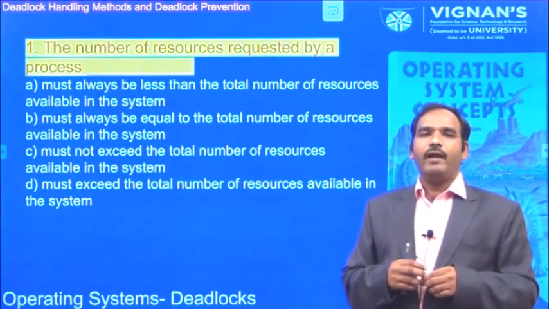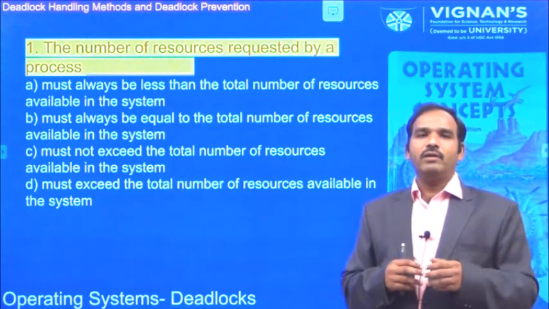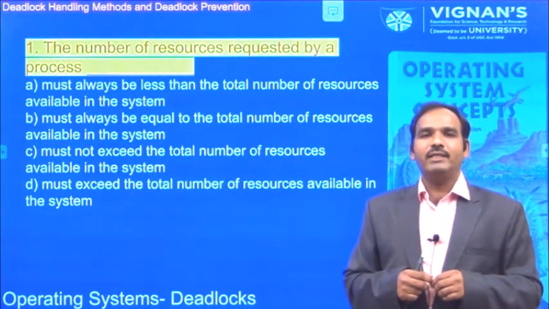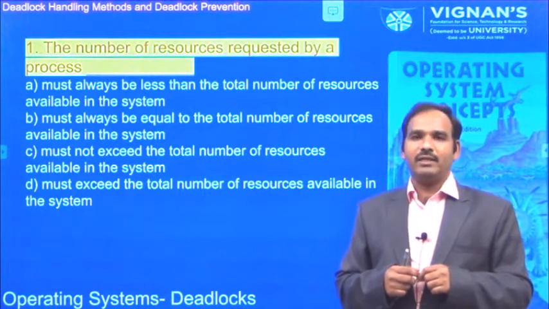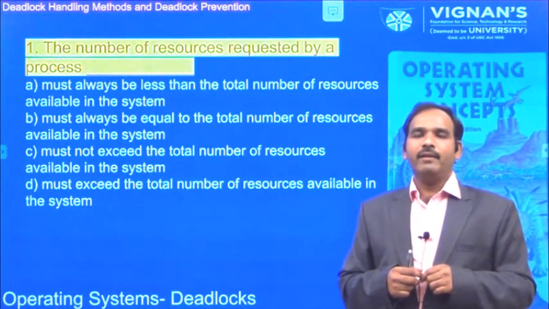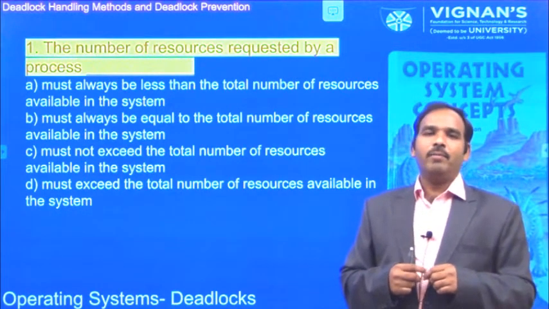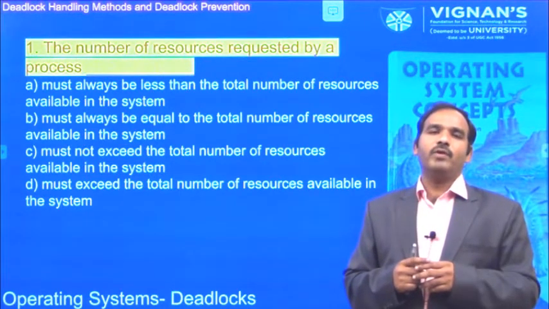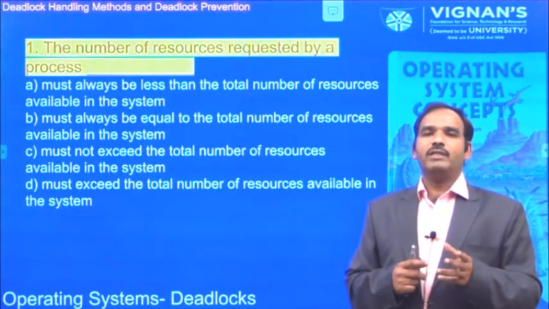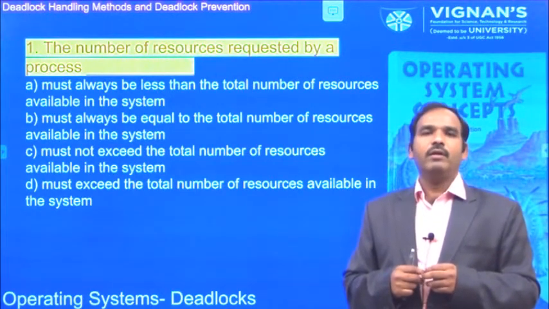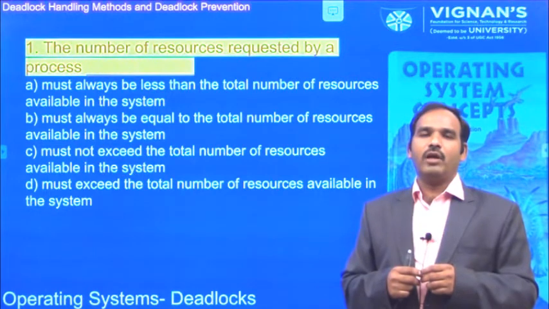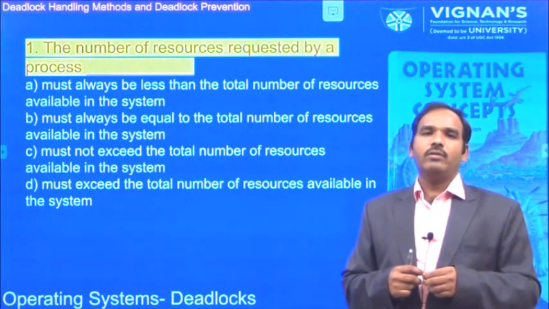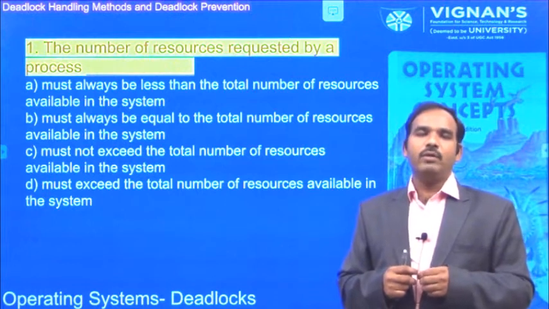Next one is deadlock prevention. So how to prevent the deadlock? If any one necessary condition is denied, then we can prevent the deadlock. But finally, we said that if you want to prevent the deadlock, the first condition is not possible. The second condition, hold and wait, is also not possible. The third, no preemption, is also not possible.